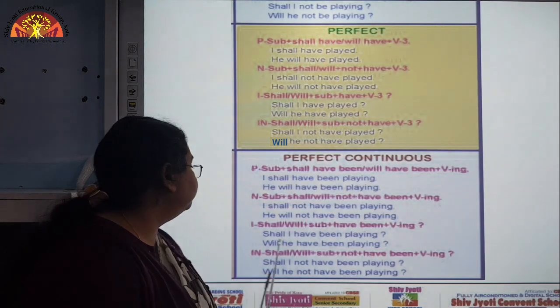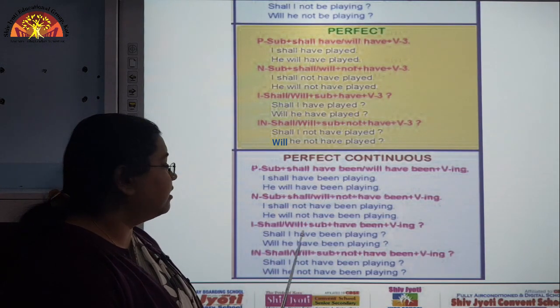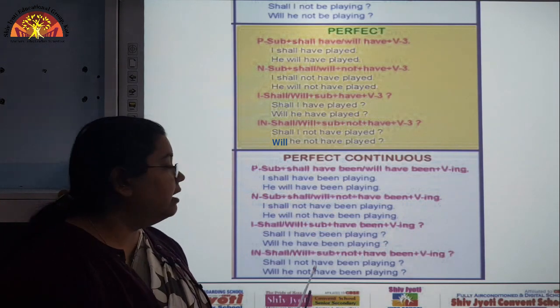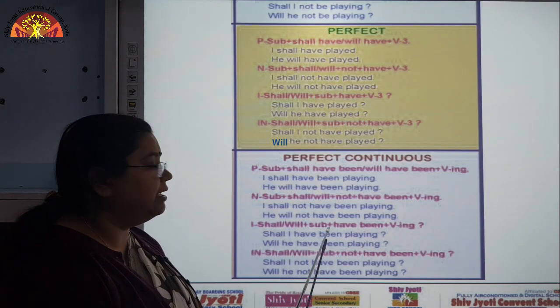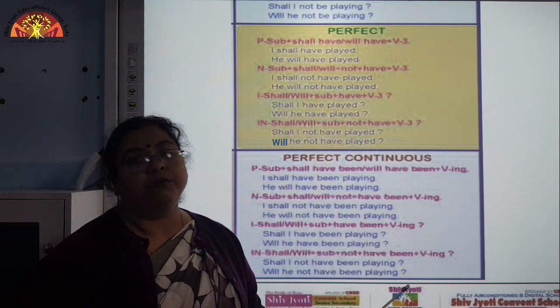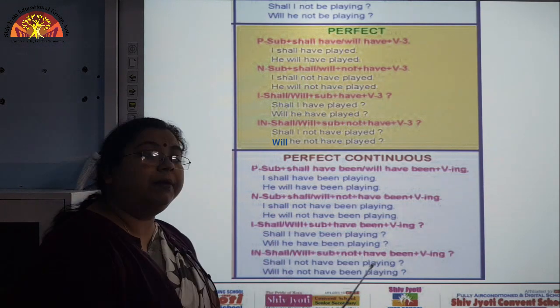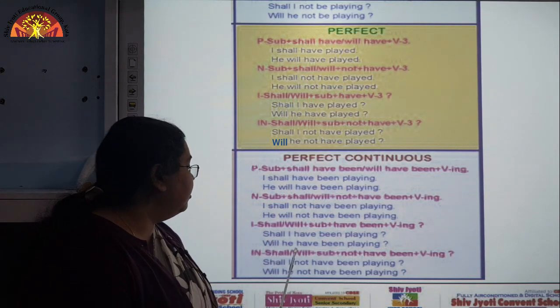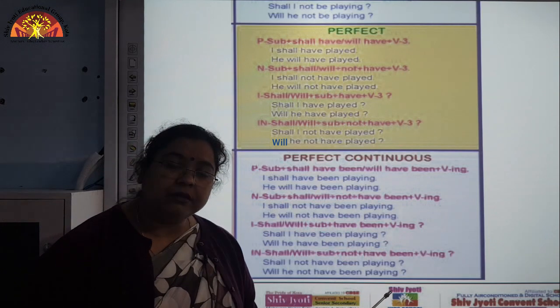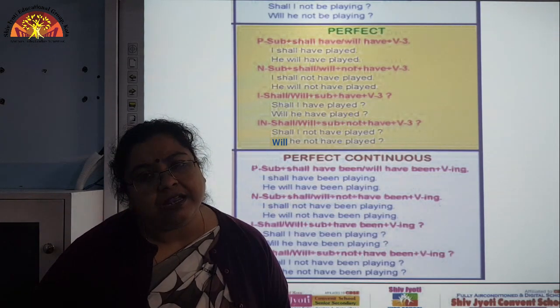Okay. Now, the interrogative sentence here, shall or will will come first, okay, and then it will be followed by the subject plus have been plus verb ing form. Okay. So, the sentence will be, shall I have been playing? Will he have been playing? Will she have been writing a letter?